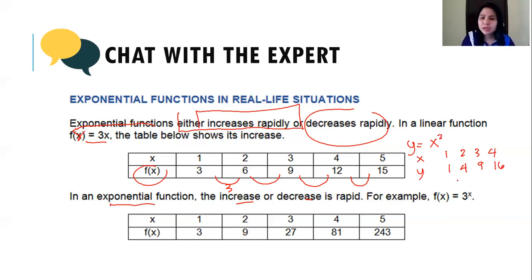Example, if we have f of x equals 3 to the power of x, we have 1, 2, 3, 4, 5 for our x, but look at our y. 3, 9, 27, 81, 243, like that. It increases rapidly. Now, what are some examples of exponential functions in real-life settings?